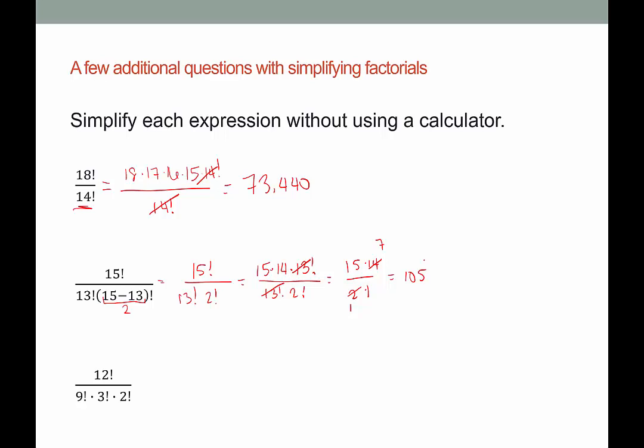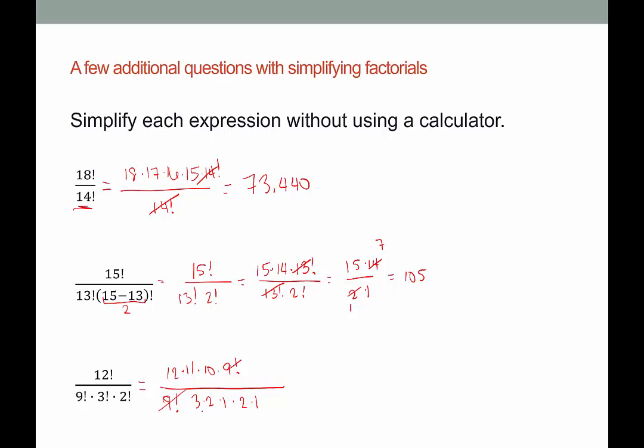For the last one again, I'm going to stop when I get to the first factor of the denominator. So I'm going to go on and expand 12 times 11 times 10. But then I see a 9 factorial in the denominator, so I'm going to leave it 9 factorial. Now, just to save myself some time, I'm going to leave 9 factorial as is, because I know that's going to cancel with this 9 factorial. But I'm going to go ahead and expand 3 factorial and 2 factorial, just because I need to know what those factors are.